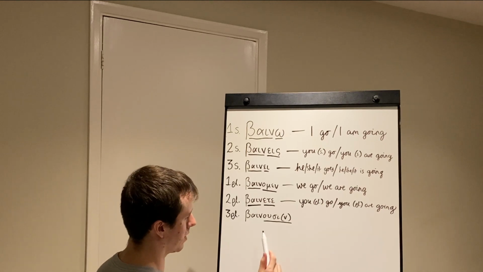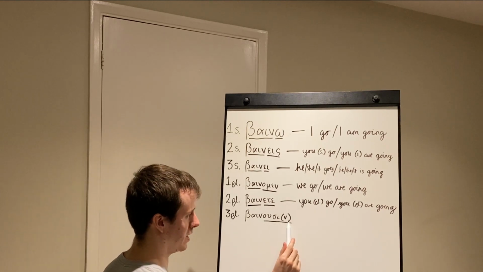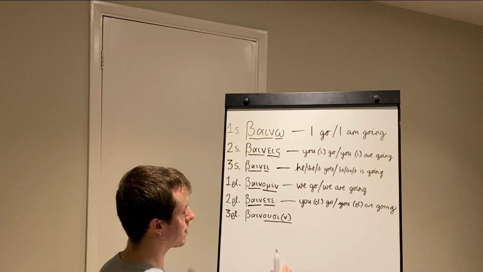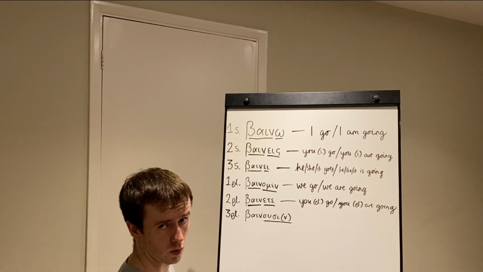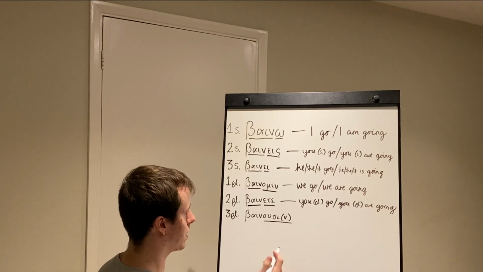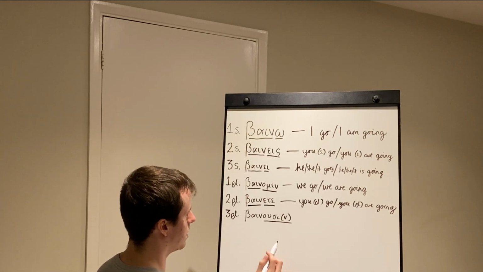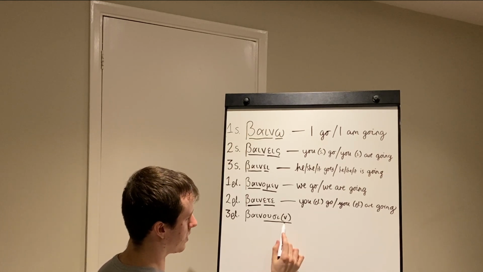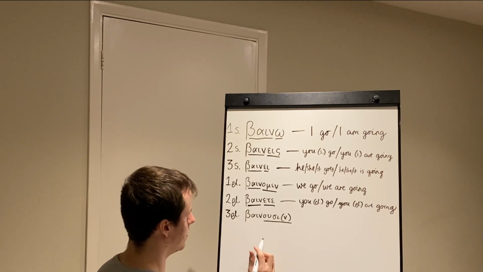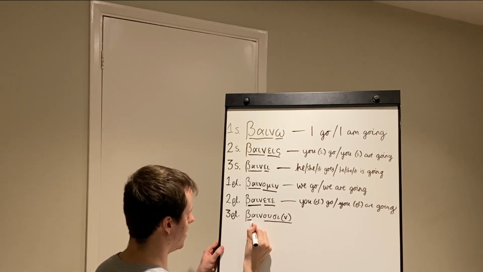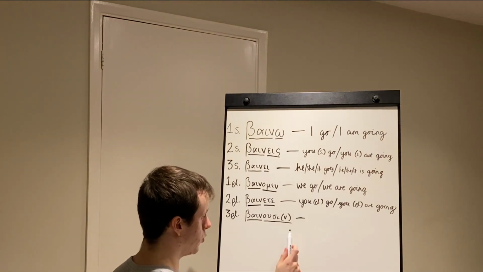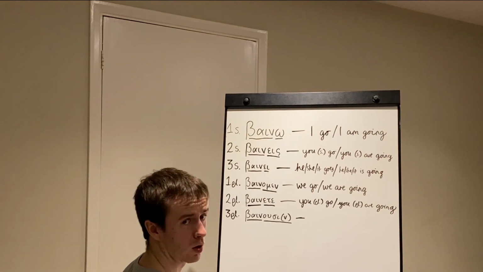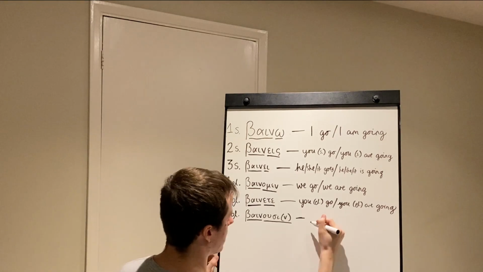But if the next word begins in a vowel, then it will be bainousin. Now I say it as bainousin because it helps me remember that it can have a nu on the end. But you should also recognize it as bainousi. So the ending is ousi or ousin, depending on what the next word begins in, and the stem bain is once again there at the start. So bainousin means they go or they are going.